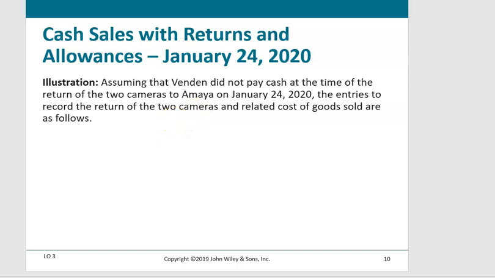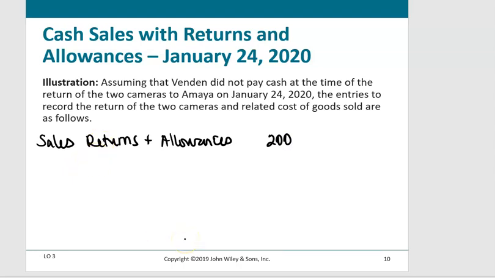So just like we did when the sale had been on account, we're going to debit sales returns and allowances because our customer returned some merchandise. This is at the selling price. Remember, this is going to reduce our net sales. Again, this is a contra revenue account for the 2 cameras that were returned at their selling price. Now, what do we take off here?